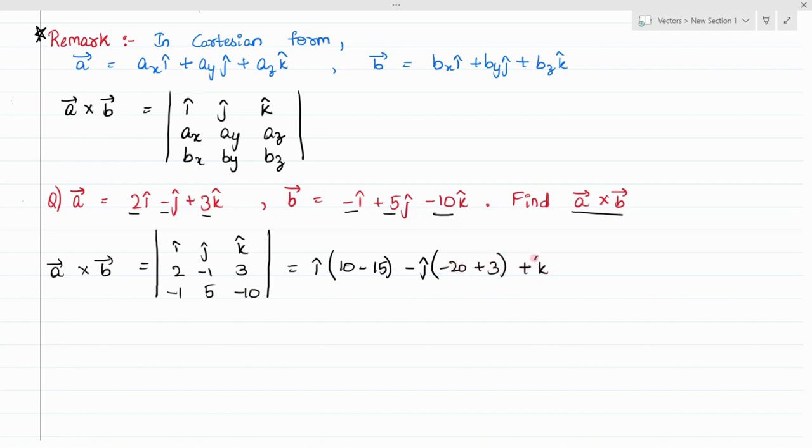Next it becomes plus k, hide its corresponding row and column, and take the determinant of the remaining, that is 10 minus 1. Now it becomes minus 5 i cap, minus into minus plus, which is 17 j cap, plus 9 k cap. So this is the required answer for A cross B, which is a vector quantity which has a magnitude and also a direction too.